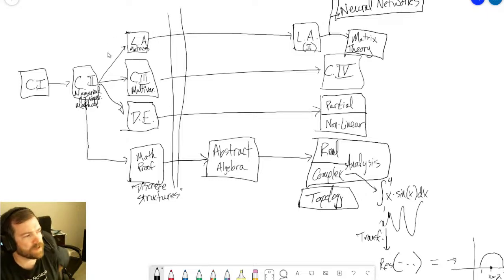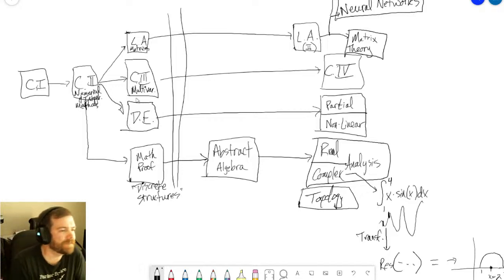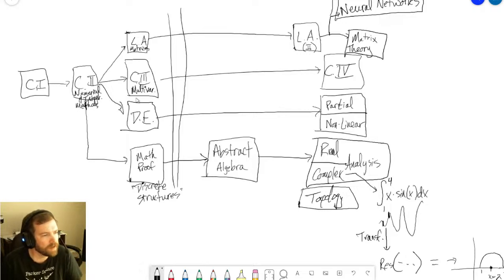Linear algebra is matrices, differential equations, that's just differential equations. Okay, so it's probably doing analysis on calculus, just generally. Yeah, it seems reasonable.